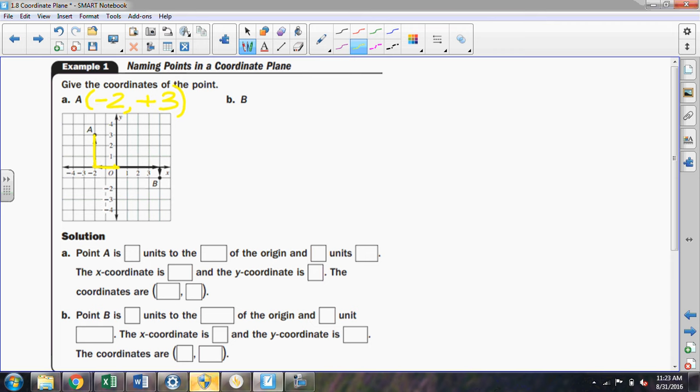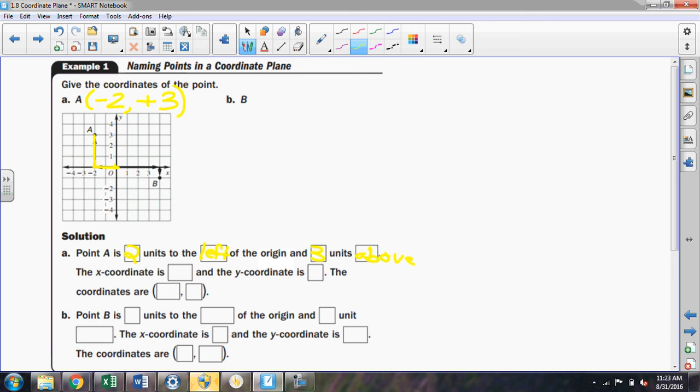For point B, well, before we do that, let's address the component at the bottom. We're noting that point A was 2 units to the left of the origin, and it was 3 units above the origin.